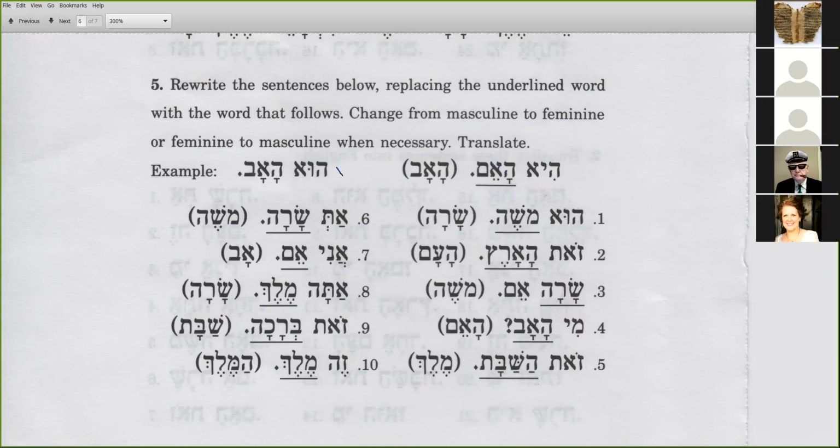Okay? So let's look at the first one. Number one, we have "hu Moshe." So what that means is he is Moses. But if we get rid of Moshe and make it Sarah there, what happens to this one? Does anybody know?